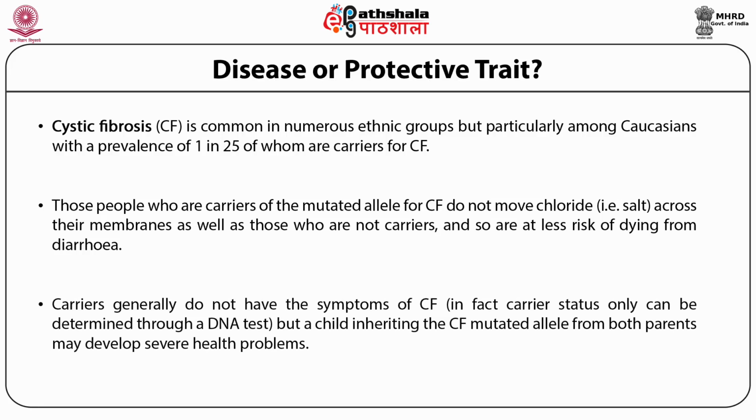Carriers commonly do not have the symptoms of CF. Therefore, carrier status can be found through DNA screening, but the inheritance of a CF mutated allele from both parents may lead to severe health problems, although CF is heterogeneous in terms of severity, as reported by Workman et al.